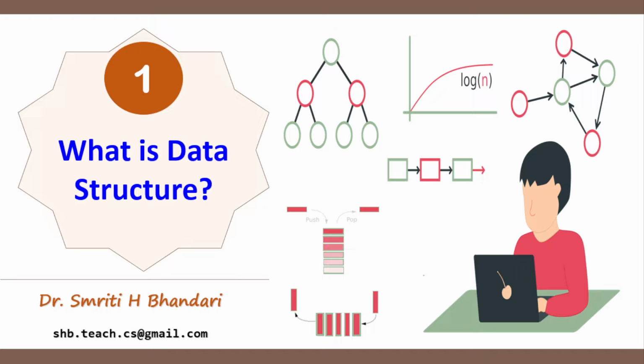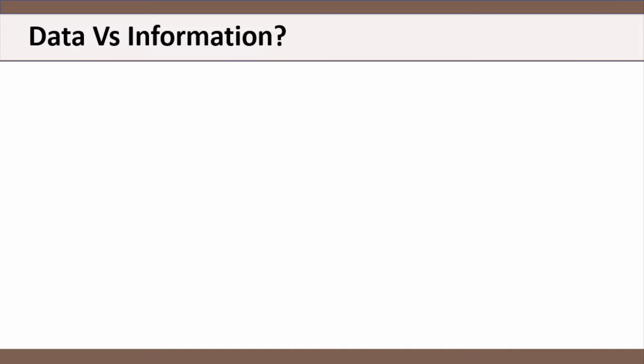So before actually going for data structure, let us understand two important notions: data and information. So what is data and what is information? In fact, these two terms are being used interchangeably, but there is significant difference in these two terms.